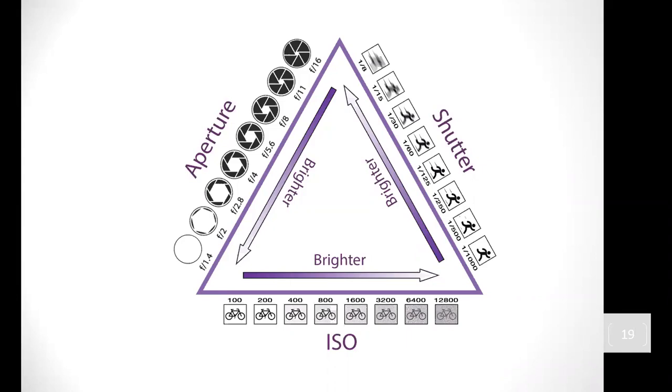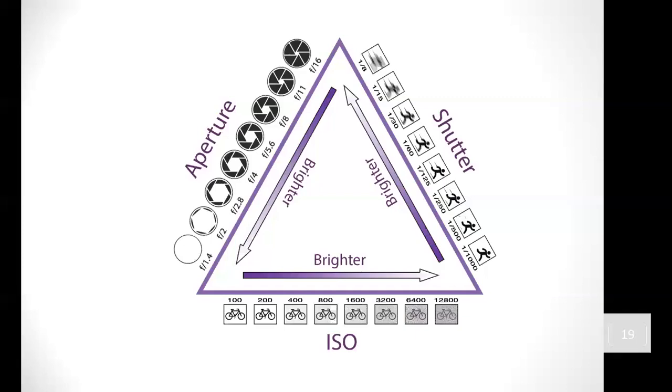First, on the aperture side, you can see different apertures, the f numbers. As the f number increases, the aperture is slowly closing. The higher the f number, the more pointed the space you are giving in the lens for light to enter.